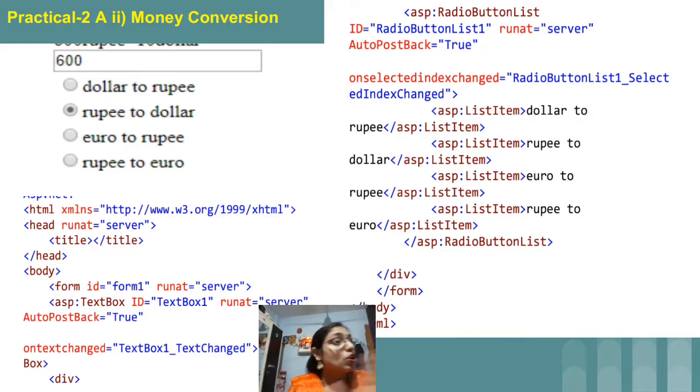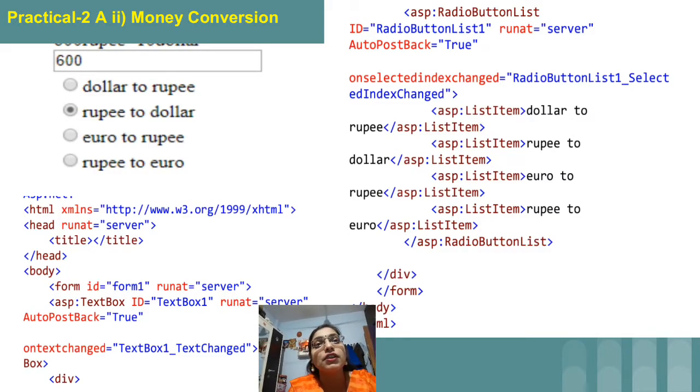Otherwise you will not get any error message if this property is not true, but you will not get the expected output because of this. When you first run the program, your page has received, suppose, the dollar to rupee option.